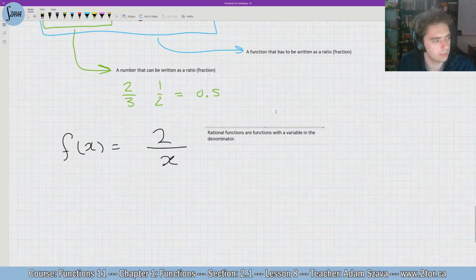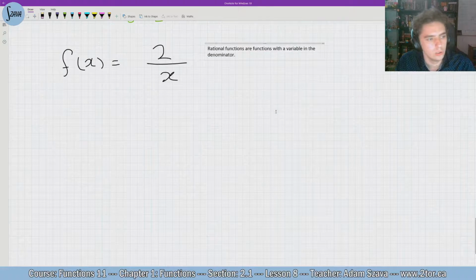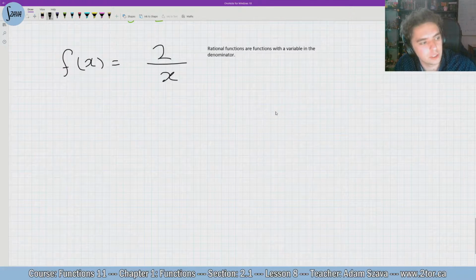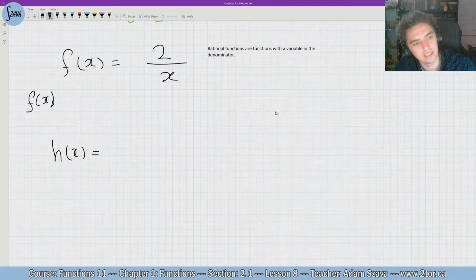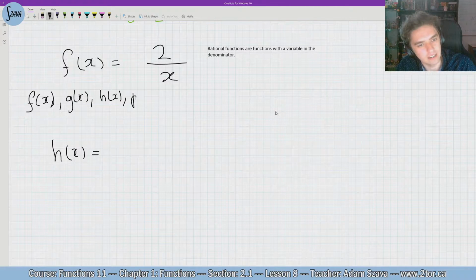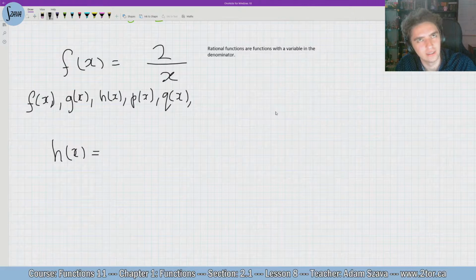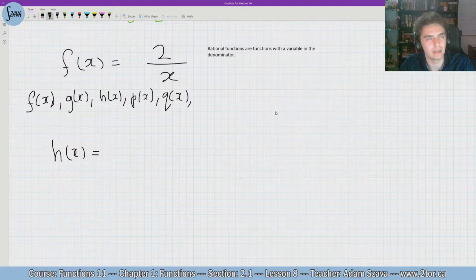So we're going to keep talking about them here. First of all, I'm going to look at a rational function. I'm going to give an example. I'm going to say h of x. Notice that functions usually are f of x, g of x, h of x, p of x, q of x. It doesn't really matter.